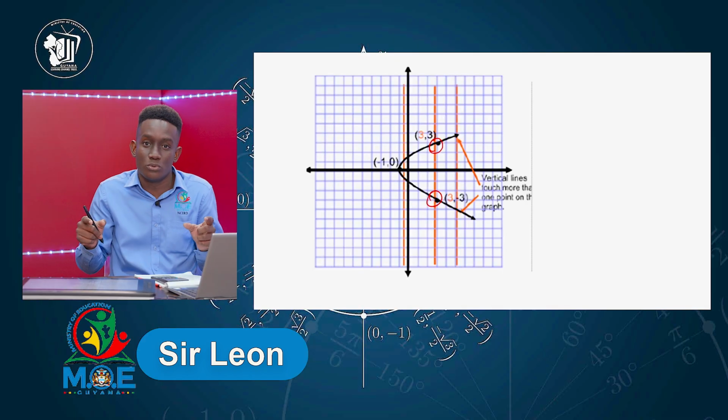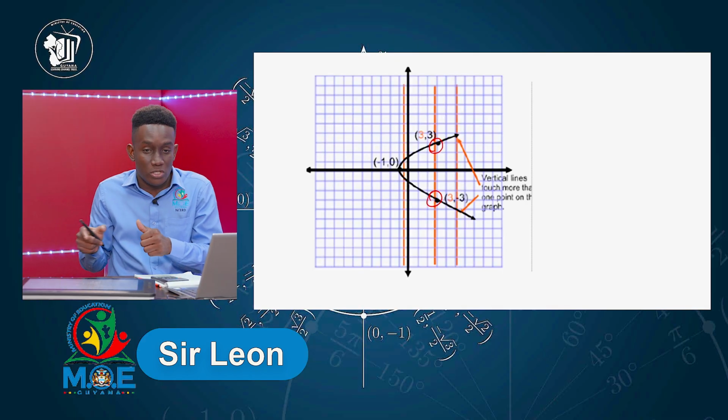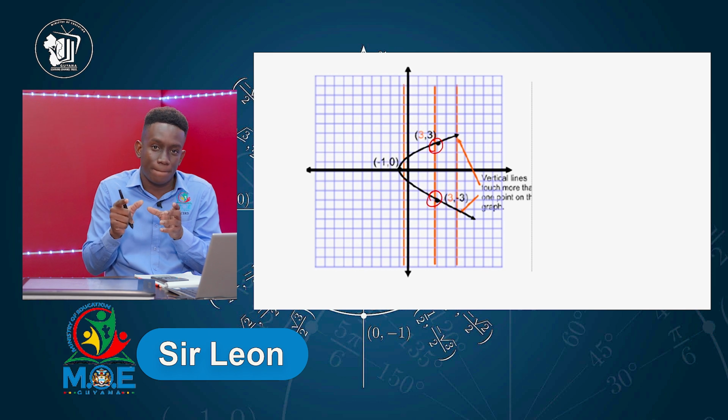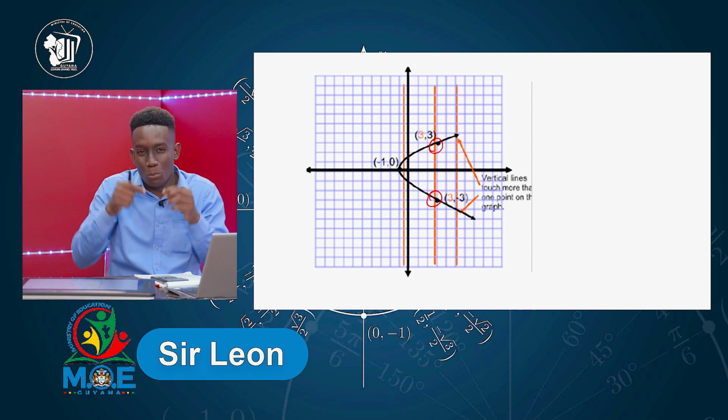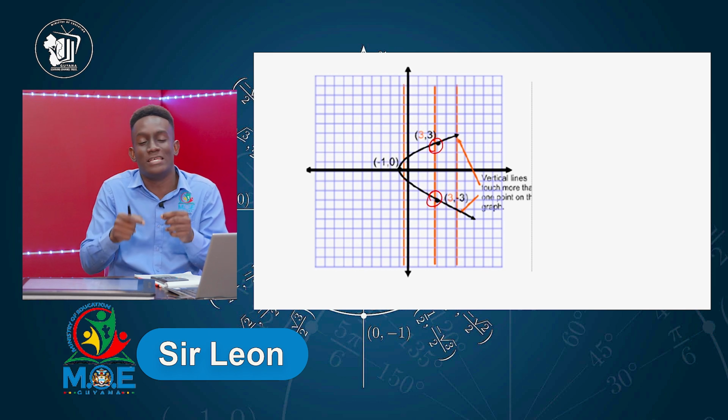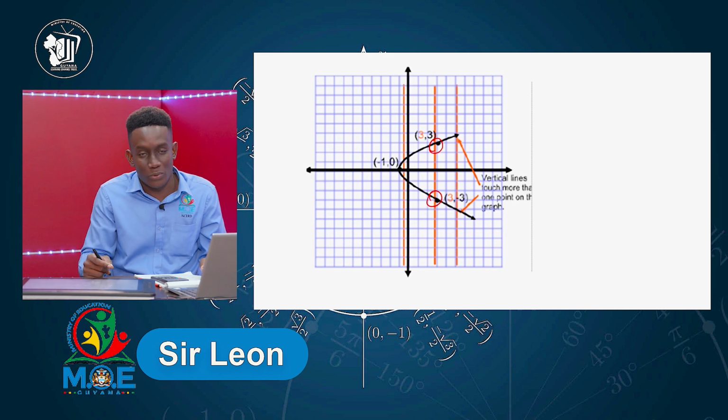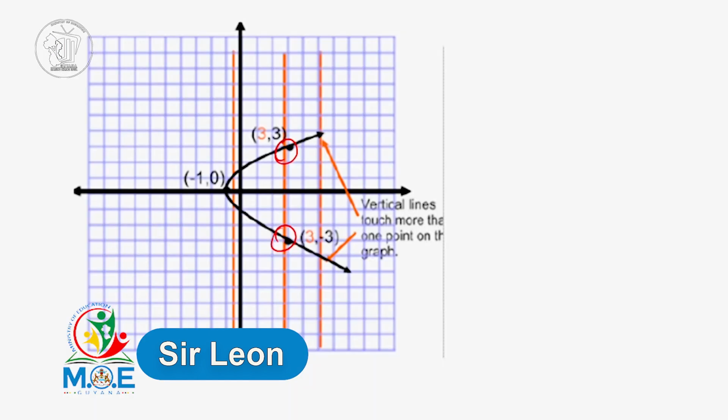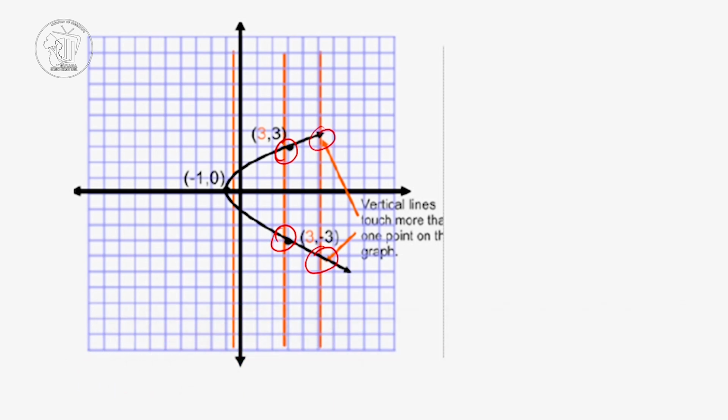So it passes through 2 points on the graph. So as long as one vertical line passes through more than 1 point on the graph, then it is not a function. We don't need to test anymore, but as you can see, if we test another part, it passes through here and here as well. So this diagram here is not a function.